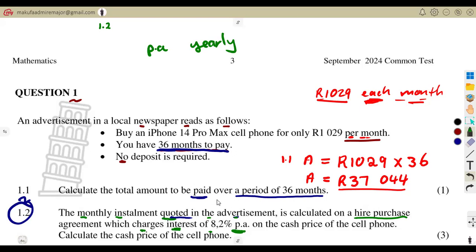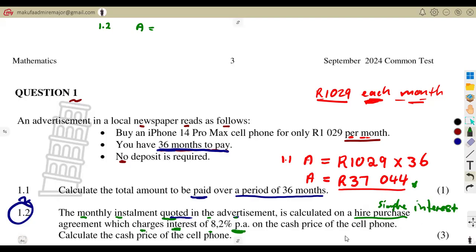So what is it that this gave us at the end of everything? This is the money that we got at the end of 36 months. So we are going to take that and consider it to be our amount. Because remember, we're talking of simple interest, like I said, hire purchase.